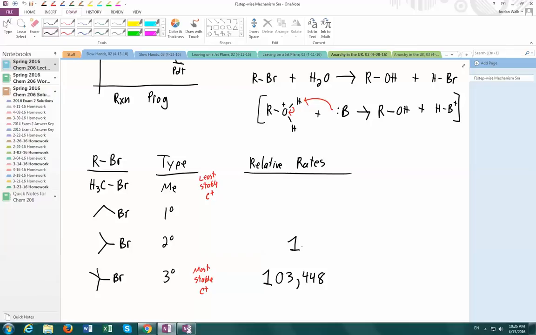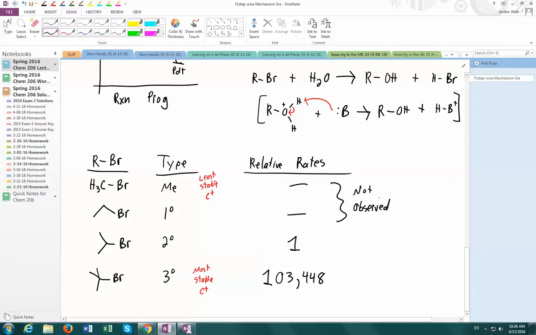Yeah. So very sadly, for a methyl bromide and a primary bromide, we don't actually see this take place, and so we can just say for these two, not observed. What's the unit of this? It's just a number. The units are going to cancel.